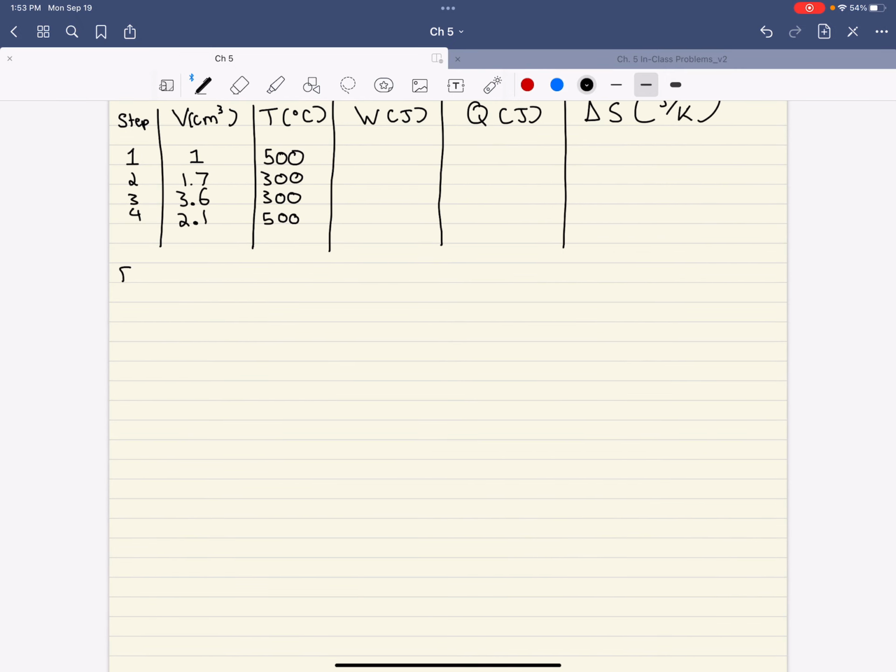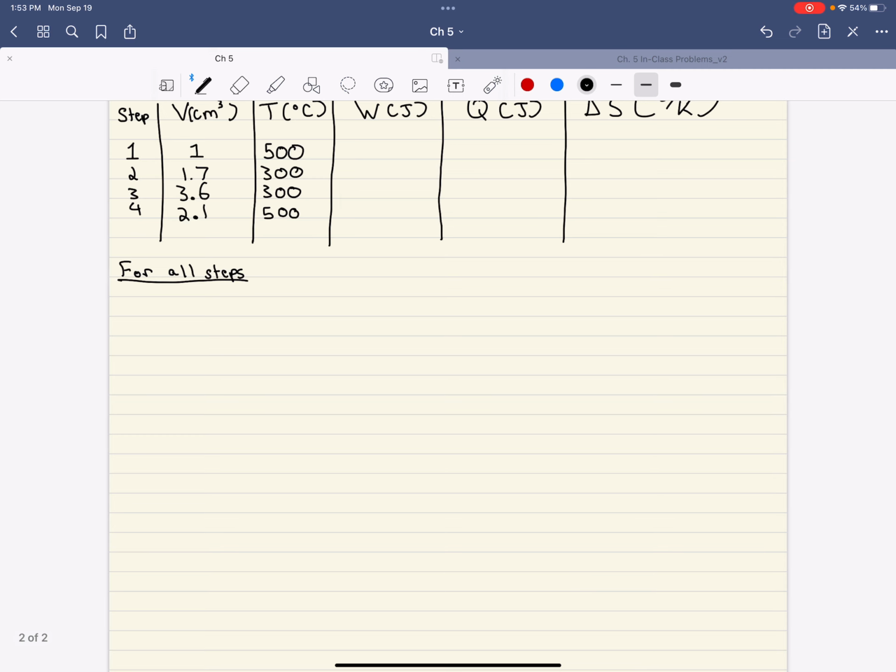Now for every step of this cycle, we're going to apply the same assumptions. So the assumptions that we'll make is, since it's a Carnot cycle, we're going to be dealing with a closed system. We're not going to care about changes in kinetic or potential energy.